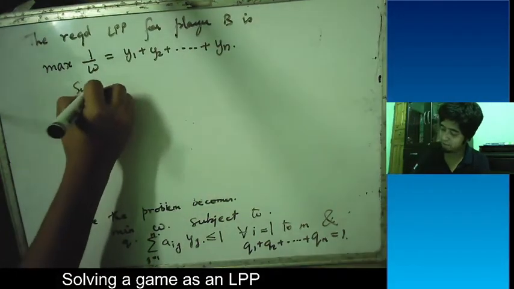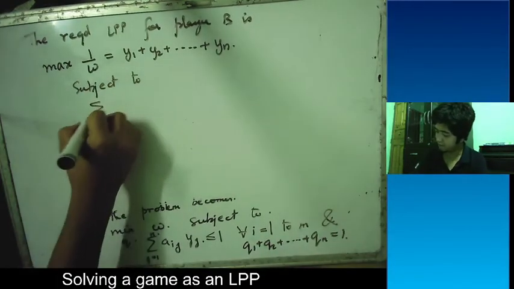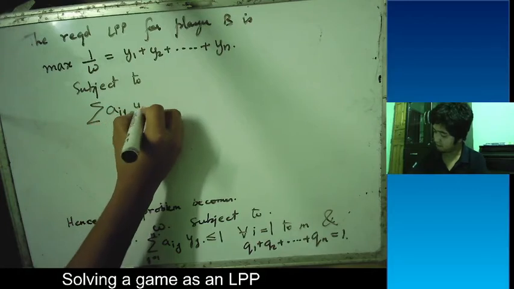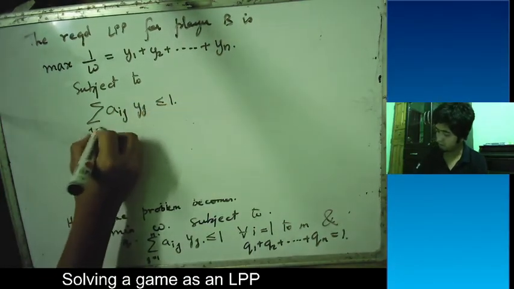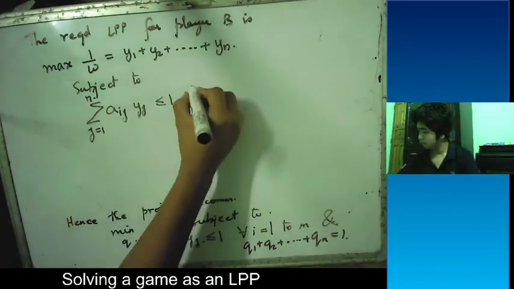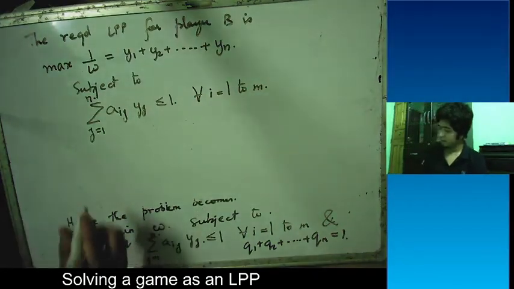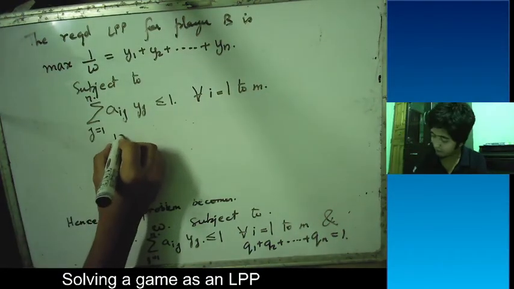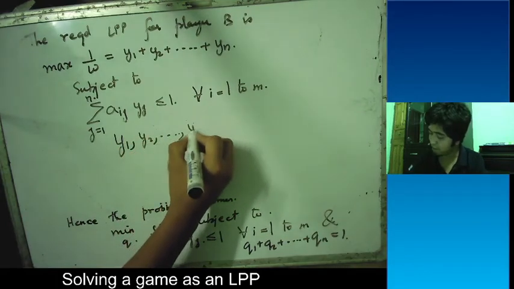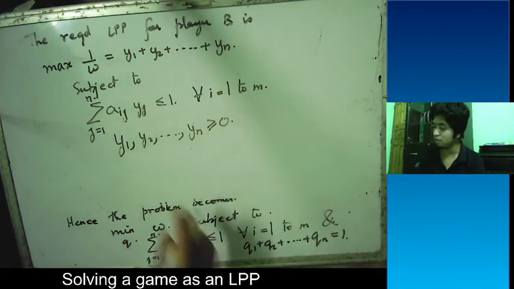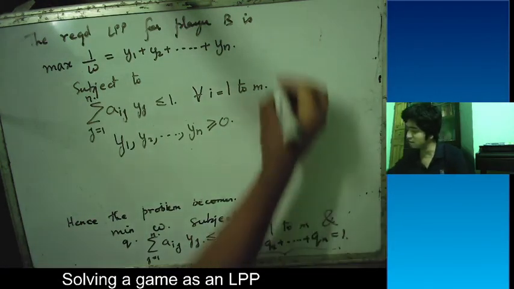subject to Aij Yj less than or equal to 1, j equal 1 to n, for all i equal 1 to m. And also we are having the non-negative conditions, which is Y1, Y2 to Yn greater or equal to 0. Again, how did we get from this line to this line, and where did this one disappear to?